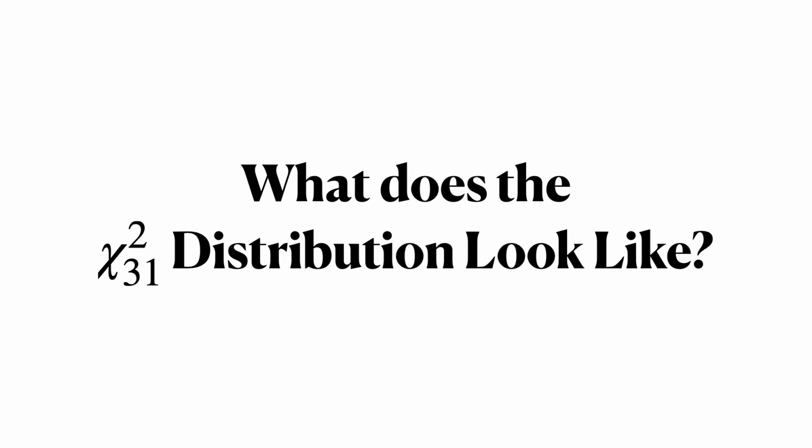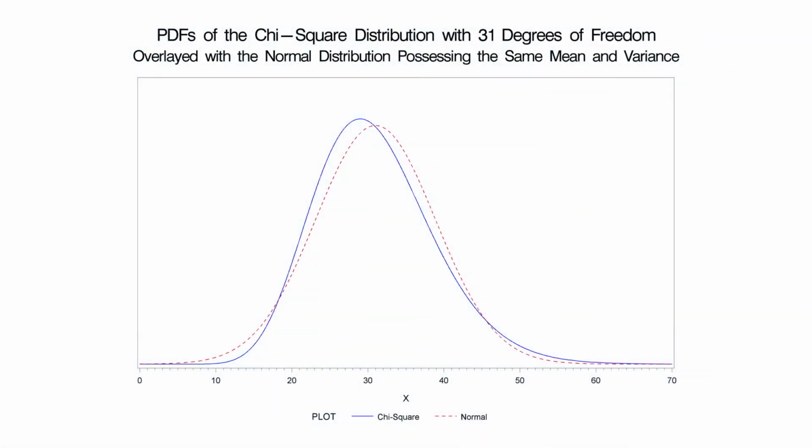Next, let's look at what the chi-square distribution with 31 degrees of freedom looks like. Here we have a plot of the PDFs of the chi-square distribution with 31 degrees of freedom and the normal distribution that has the same mean and variance as that chi-square distribution.